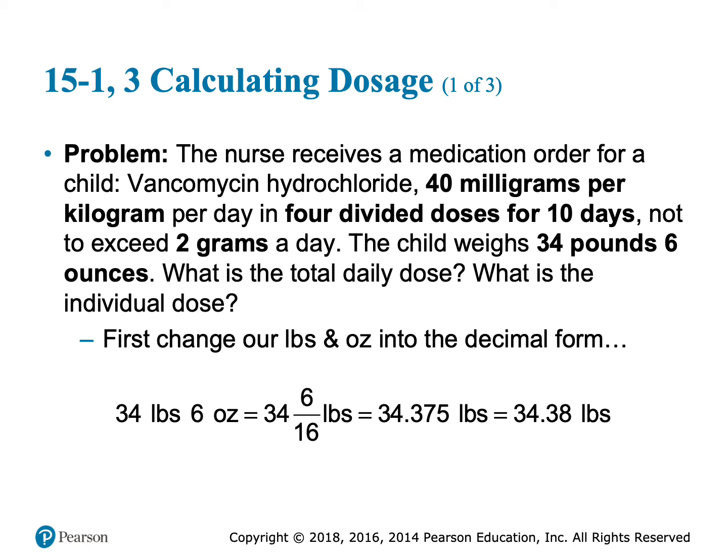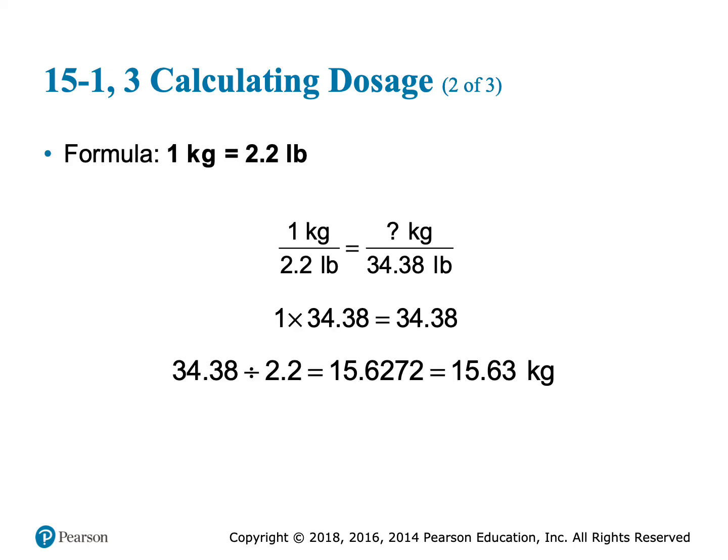Now we can go ahead and do our conversion to kilograms. Go ahead and do that conversion now, and then we will look at how to work it out together on the next slide. Okay, how did you do? If we set this up as a proportion, kilograms over 2.2 pounds is equal to x over 34.38 pounds.